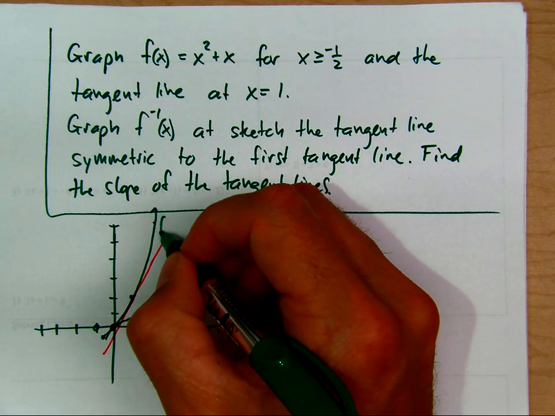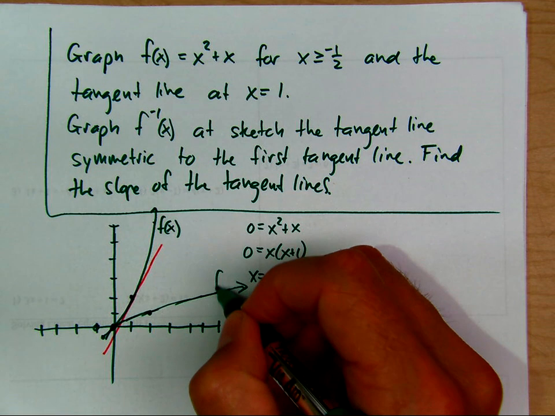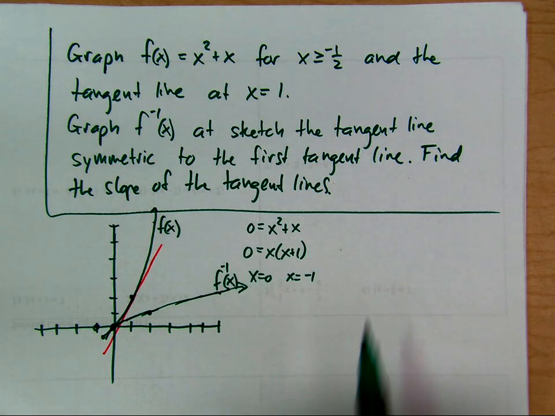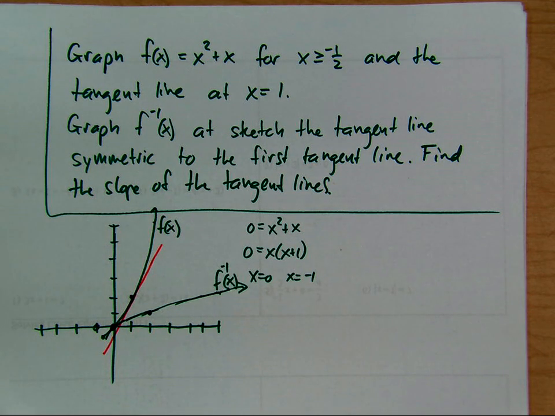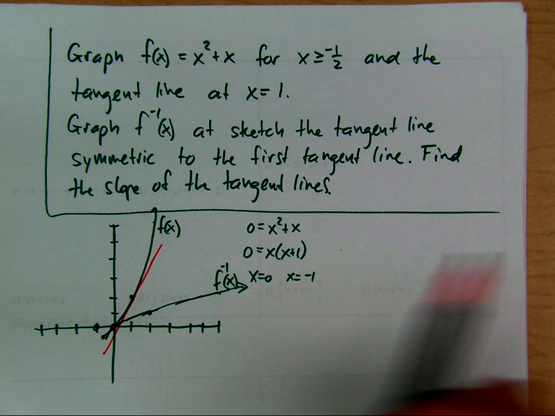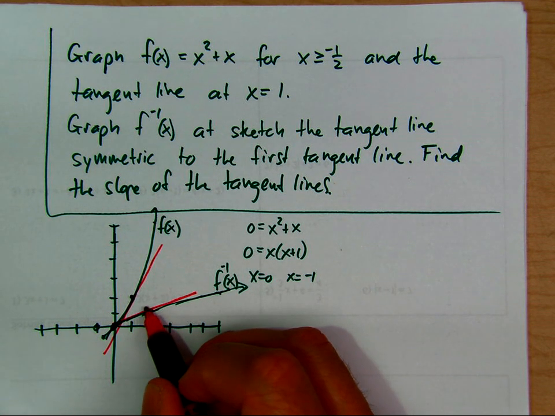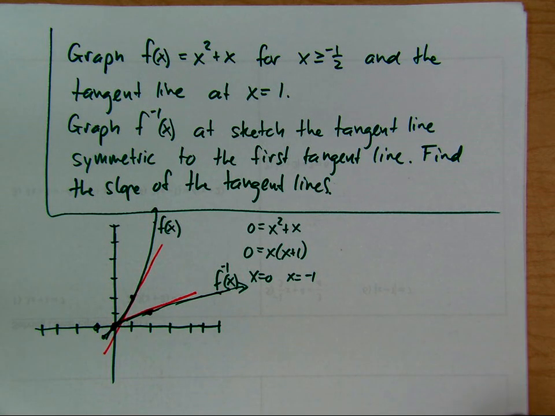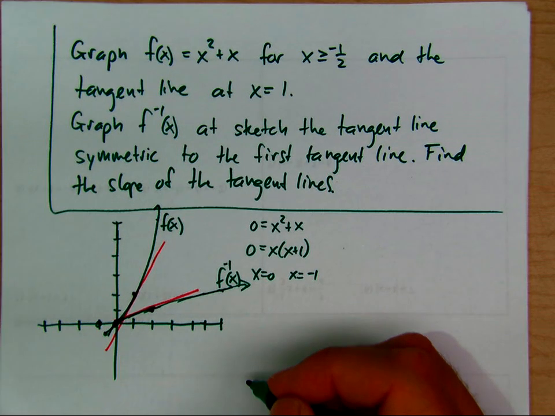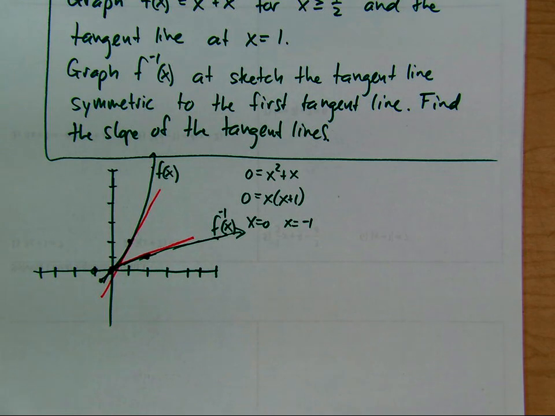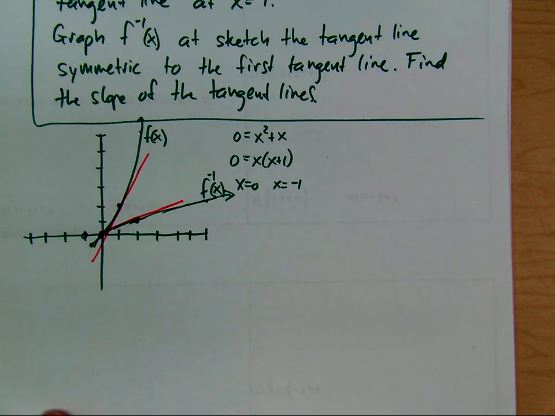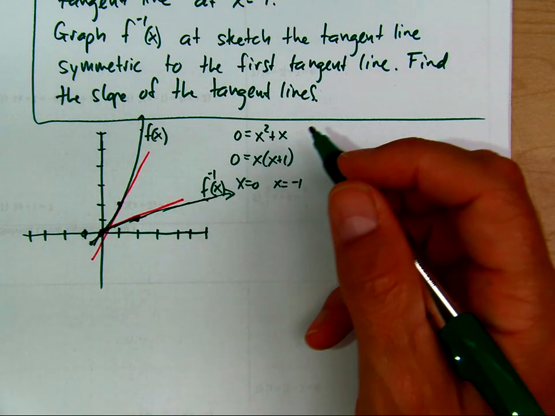We have f of x and the inverse of f. Let's look at the tangent line here corresponding or symmetric to that tangent line. We want to find the slopes of the tangent line.